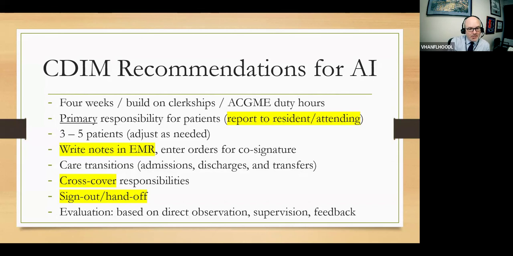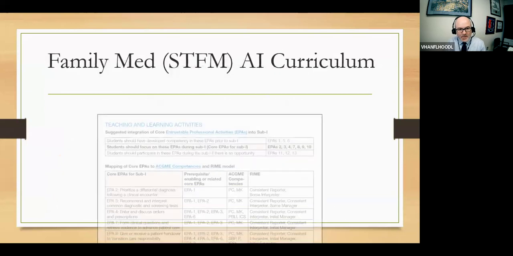But it seems like the majority of programs leave that in the clerkship, and in the fourth year, the main item we're using for grades is based on feedback, evaluations from those who directly observed and worked with the resident, with the sub-Is.